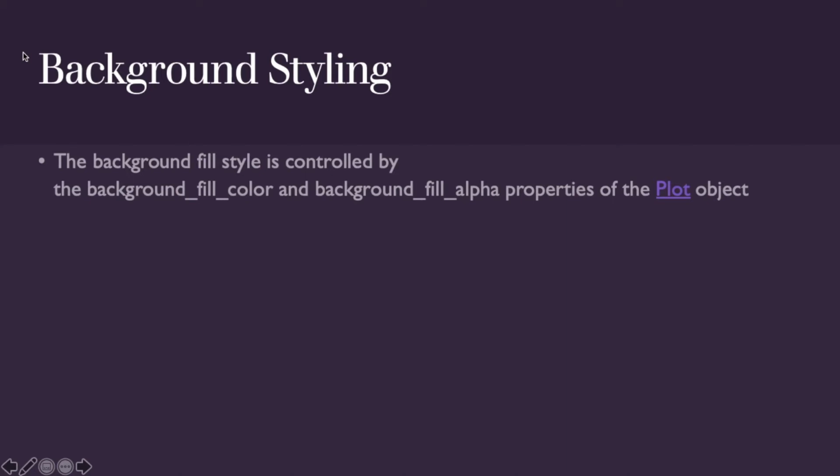The background fill style is controlled by background fill color and background fill alpha. So two attributes are required to style the background element, and these are properties of the plot object. We'll see how to do that.